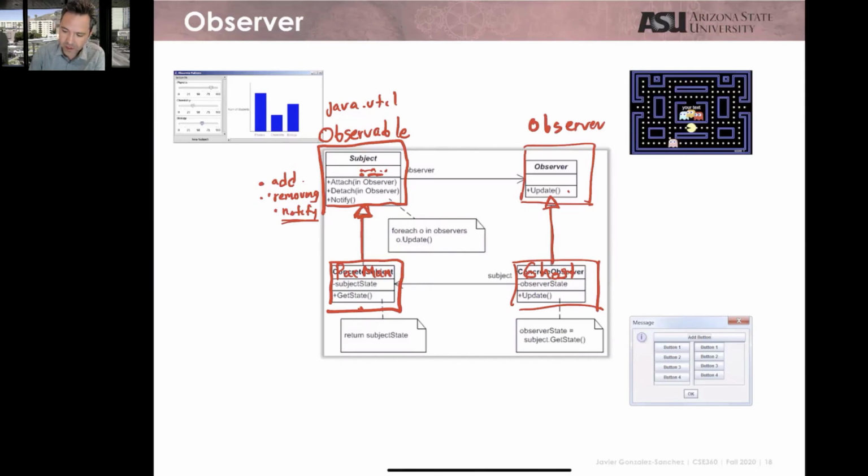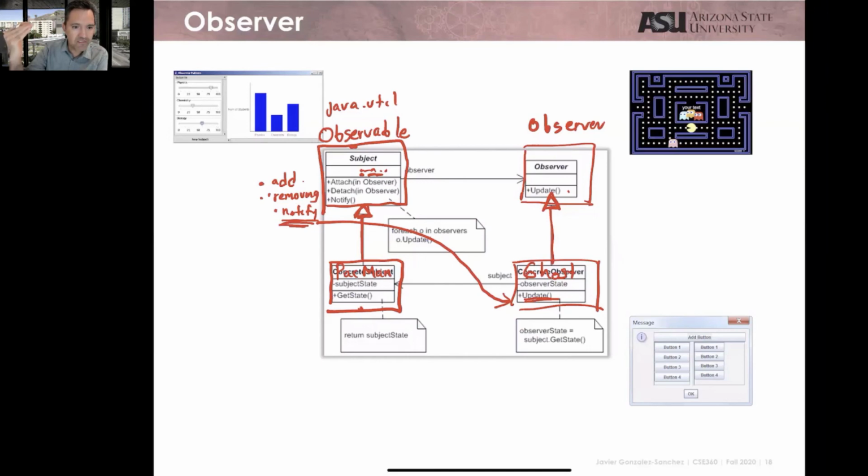But when I do this inheritance here, what I am asking is that this ghost is going to have a method update. I am making it mandatory for the ghost to have an update method. And you know why? Because this method notify here is going to be calling that method update every time that this guy, the pacman, moves.